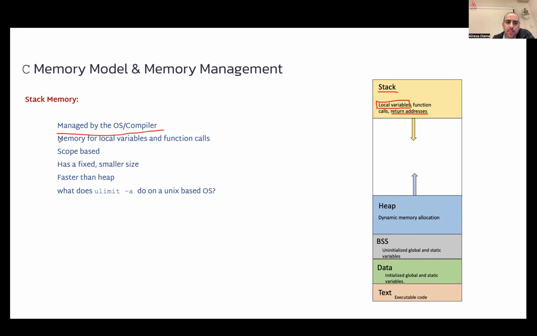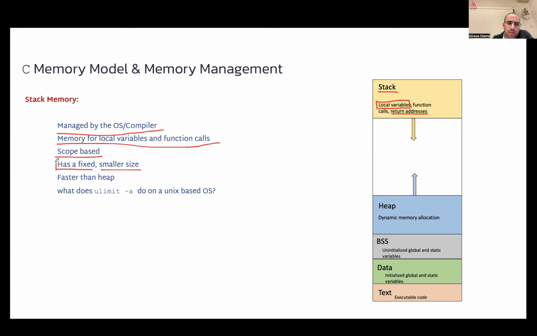As I mentioned, the stack is used to store local variables and function calls. Another important thing is that stacks are scope-based. If you are out of your function scope, the stack for that function will be deleted, and you lose every local variable that you stored in your function scope. It has a fixed and smaller size compared to the heap.